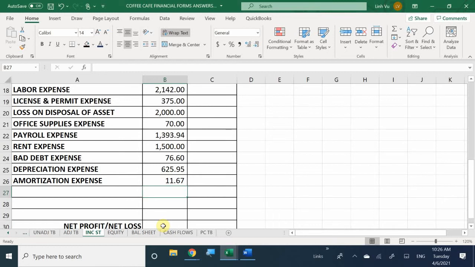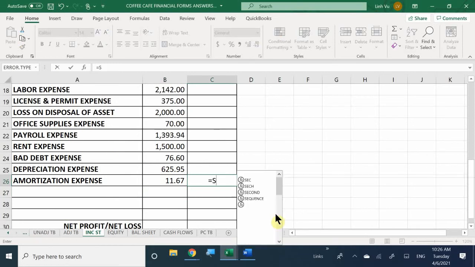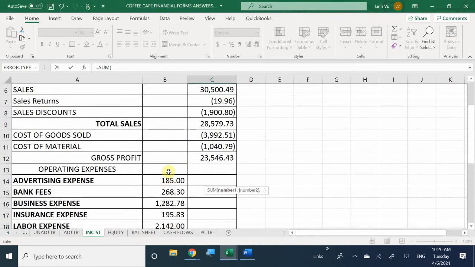This is where we need to make sure that the money that we earned can cover our daily operations to run the business itself. So here on the left side, what you're going to do is equal sum all of your operating expenses.